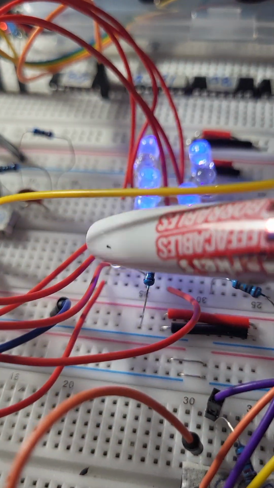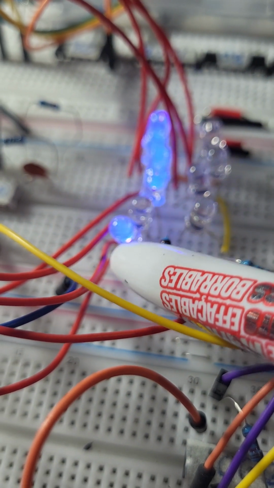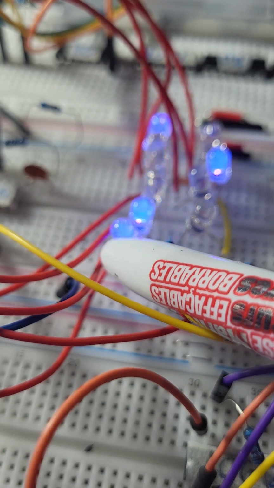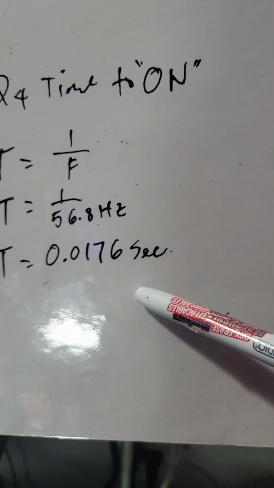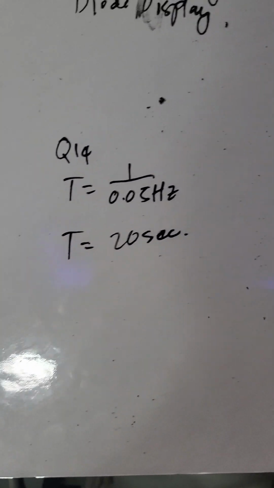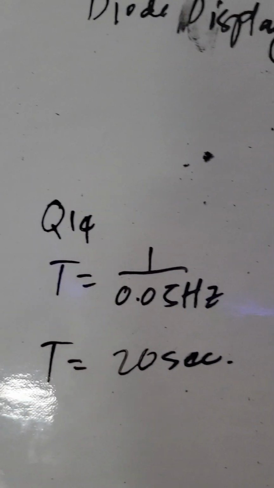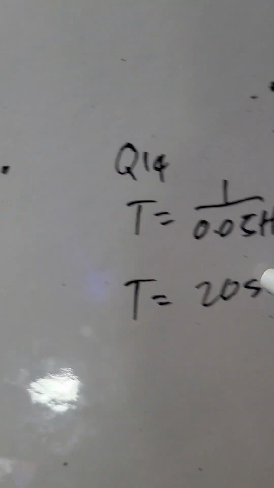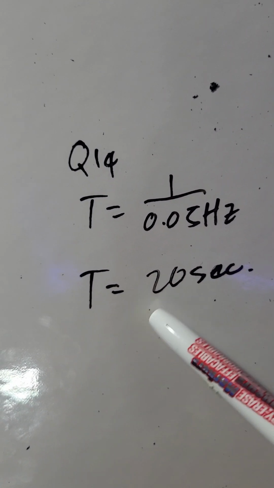That's why you cannot notice that this display is turning on and off, because of this frequency, and the time is very fast, no? And for the bottom here, the lowest frequency, 1 over 0.05 hertz, the time is 20 seconds more or less based on our computation.